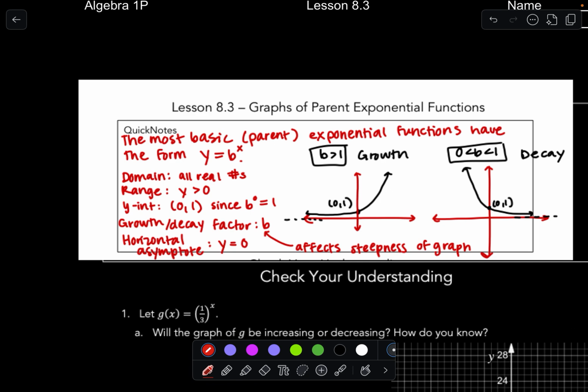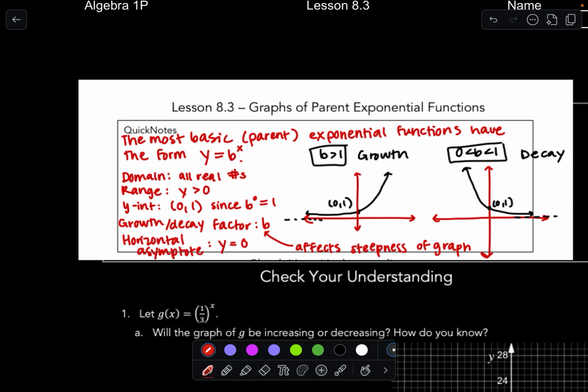The y-intercept is 0, 1, because b to the 0 power is equal to 1. Growth decay factor, b, the base, tells you if it's growth or decay, because if b is greater than 1, it's growth, and if b is less than 1 but greater than 0, it's going to decay because we're multiplying by a number smaller than 1 each time, which shrinks your output.